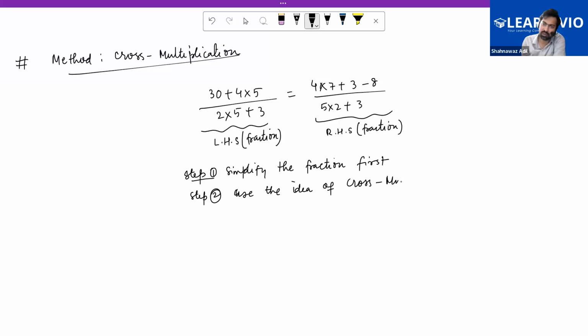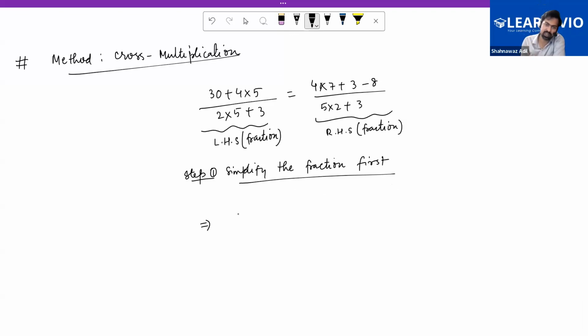This is generally done with linear equations, so that part we'll do later, in a linear equation in one variable. But firstly, we'll try to simplify. So simplify these two fractions and tell me what you get.